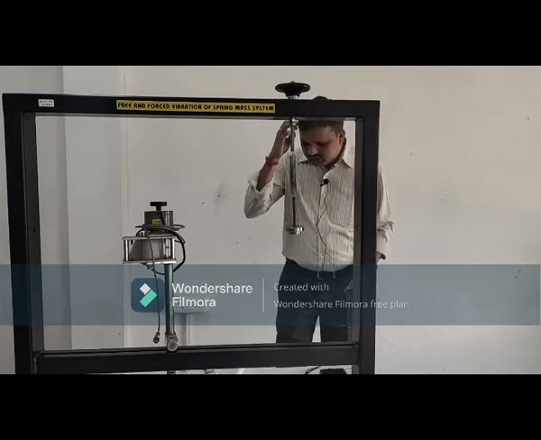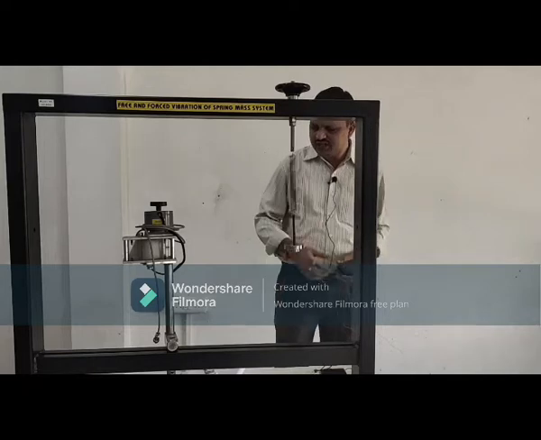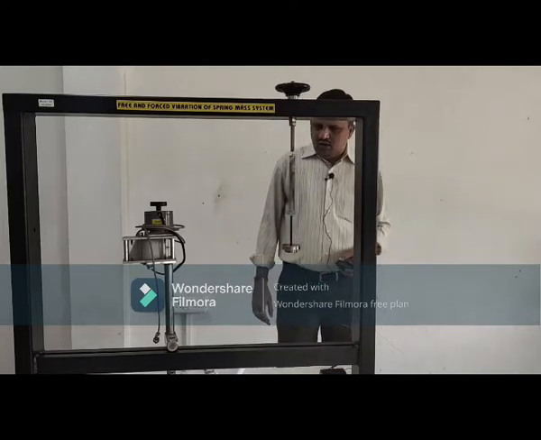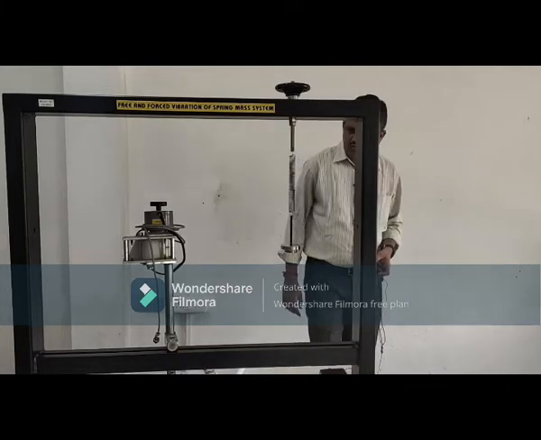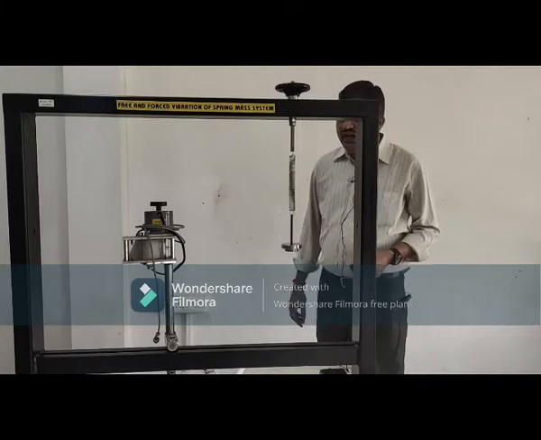It is exactly 14 seconds for 20 oscillations that we got. So this is the first reading, with the corresponding mass of 0.338 kilograms.